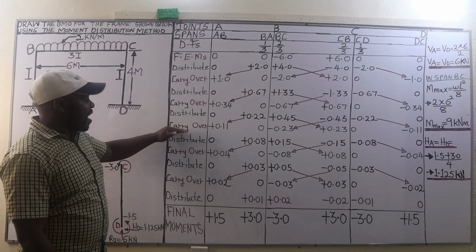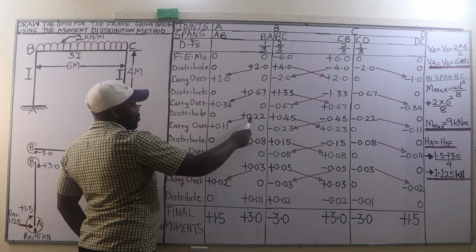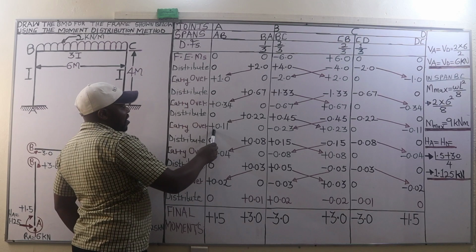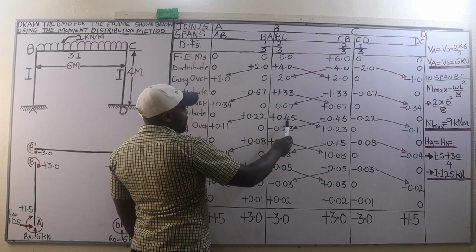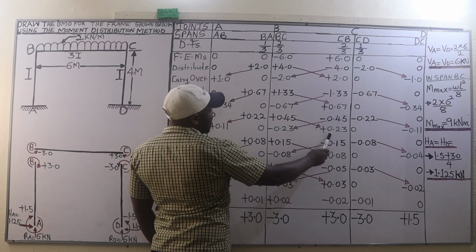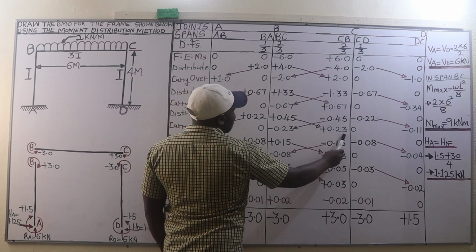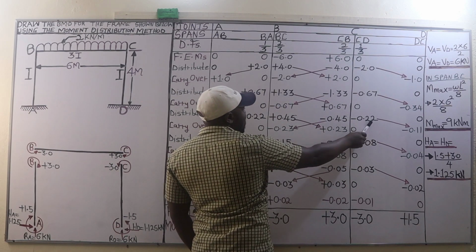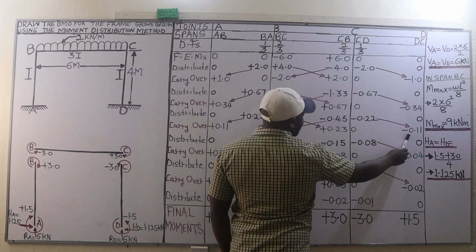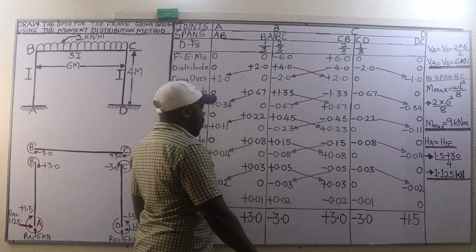Then after that, carry over. Half of 0.22 carried over to joint A, that is +0.11. Half of 0.45 carried over to joint C, that is +0.23. Half of -0.22 from joint C carried over to joint D, that is -0.11.